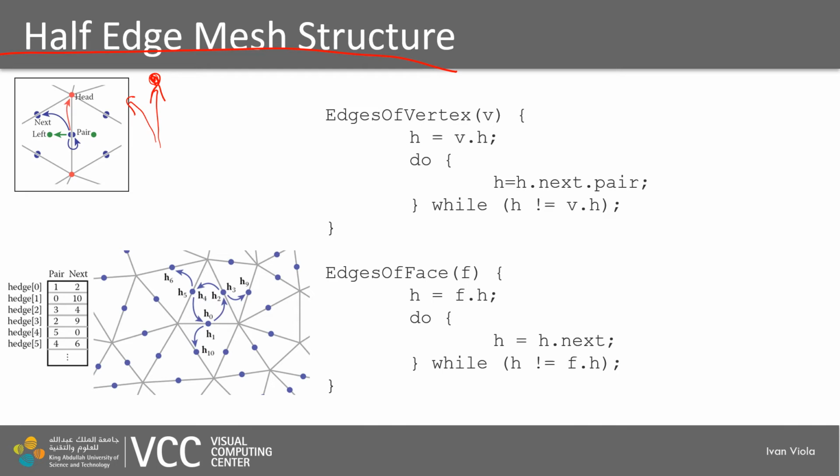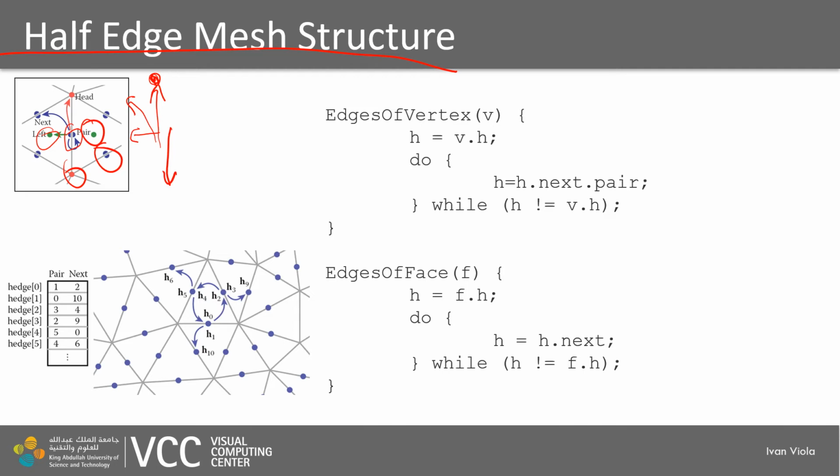Also, it will be pointing to its left face, as we can see here, and also it will be pointing to the second half edge of that edge. And that one will be storing again its own head, its next edge for that face, and the face on the left of this half edge.